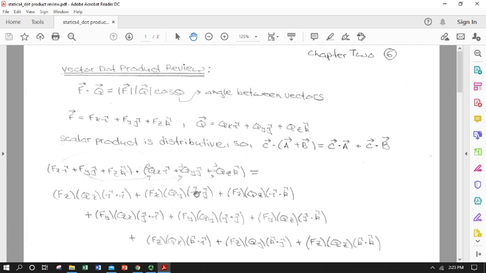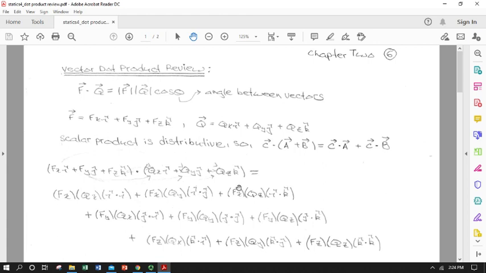So anytime I see two unit vectors in one of these multiplication terms that are not the same, I know I'm going to have a 0 dot product because they're by definition at 90 degrees. So what I'm left with is just the magnitudes of the like terms. So I keep my f sub x times q sub x, and then I've got a 1 term.